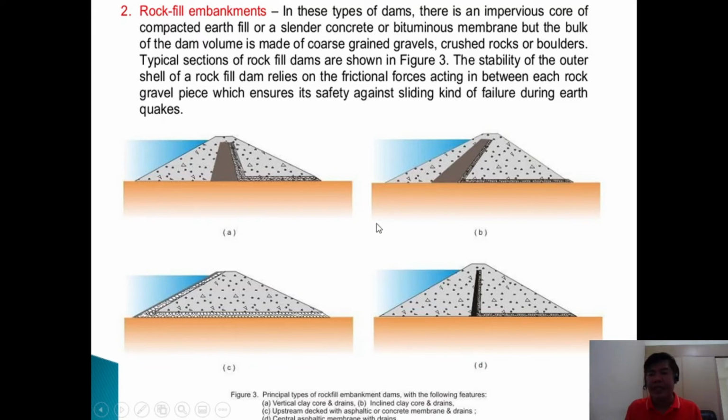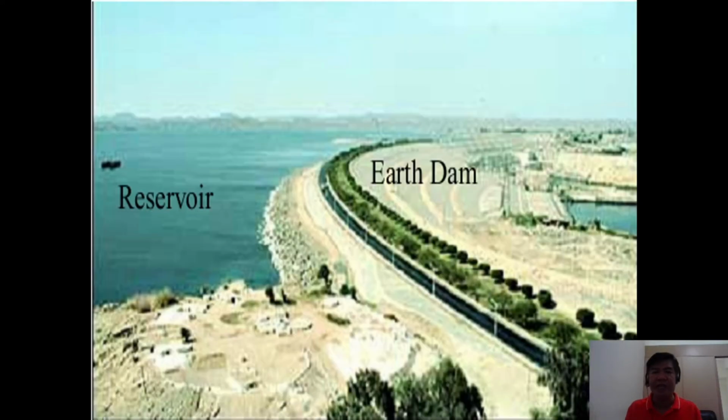Let us check later what we can do in the model using the software, using these different types of dam. Both in the earth fill and rock fill, we will be using different materials later.